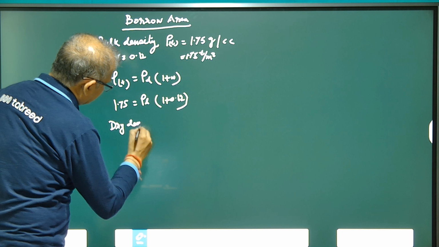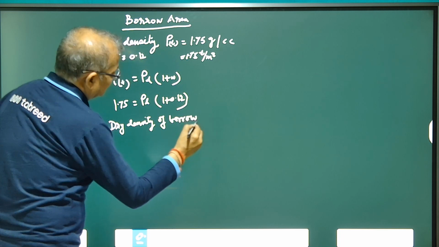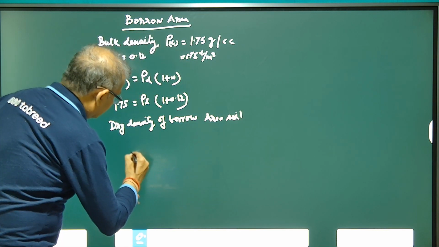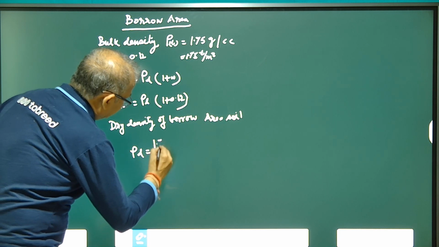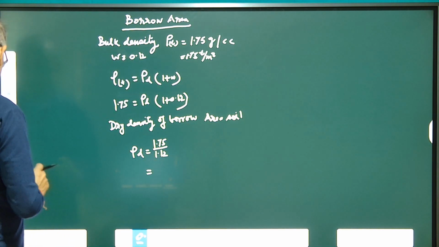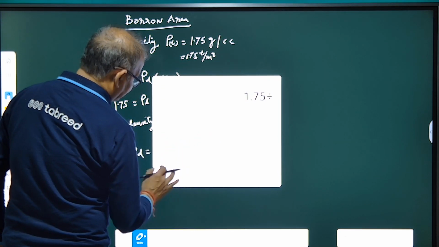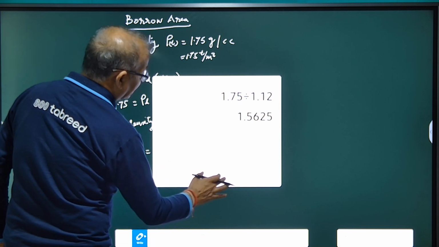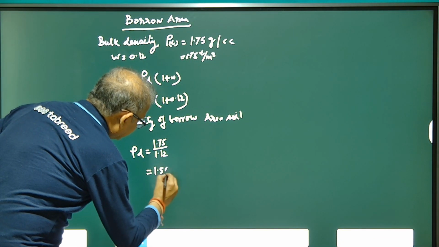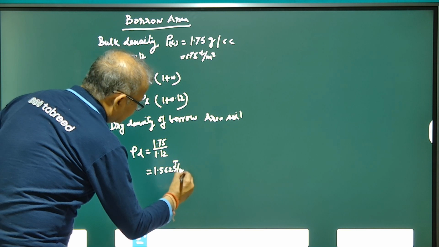So the dry density of borrow area soil, rho d, is equal to 1.75 divided by 1.12, which equals 1.5625 ton per meter cube.